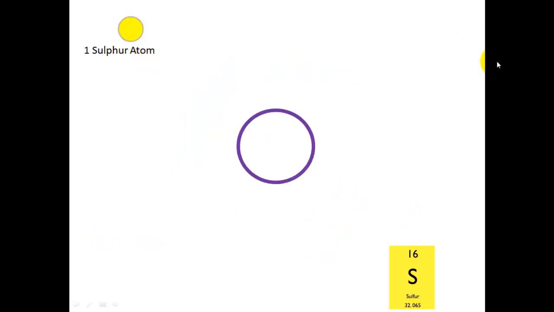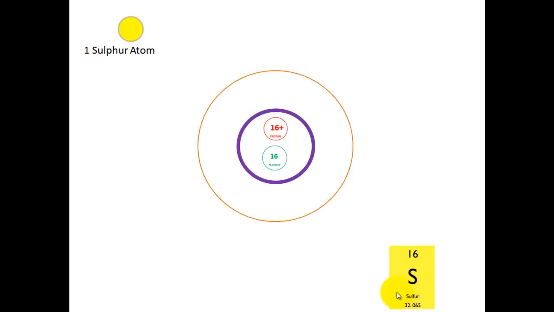Have a look at one more, sulfur atom. We've got 16 protons and 16 neutrons. And I've worked out the neutrons by subtracting the atomic number from the mass number. You'll have to look at one of my other videos to explain that.